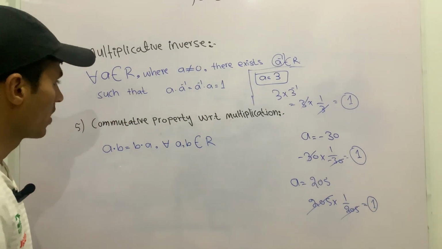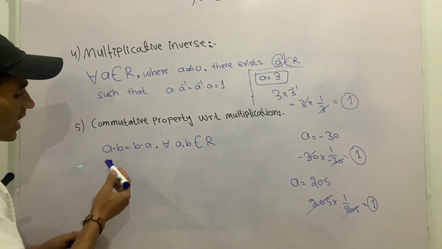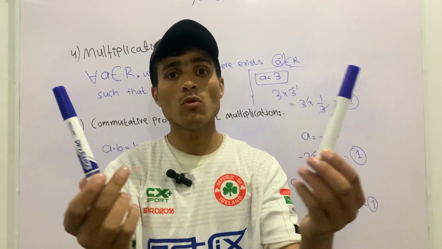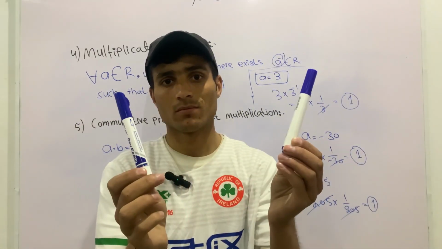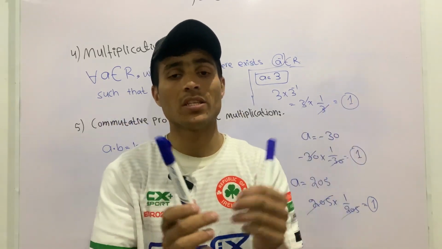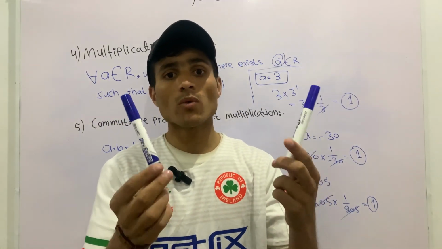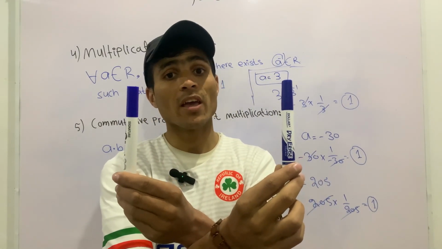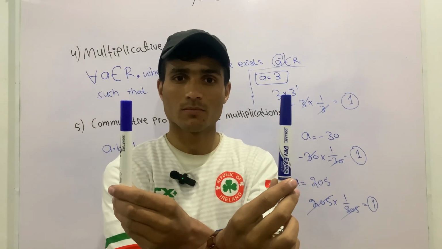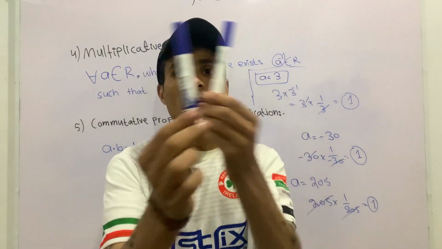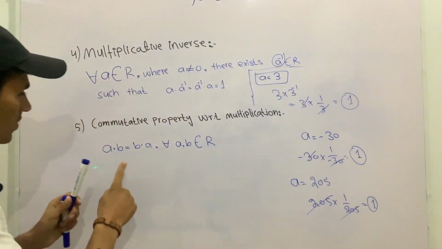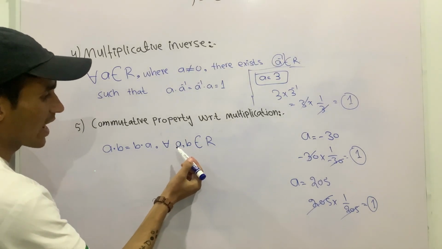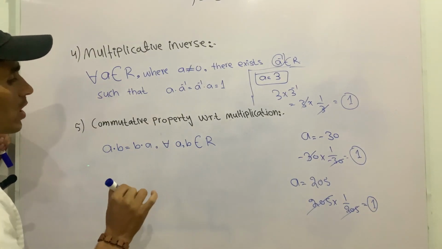This property says that if you have two numbers, A and B, and you multiply them with each other, pretend its answer is C. If you write this as B multiplied by A, it is again equal to C. A multiplied by B equals C, B multiplied by A equals C. A multiplied by B equals B multiplied by A, for all A, B belonging to R, real numbers.